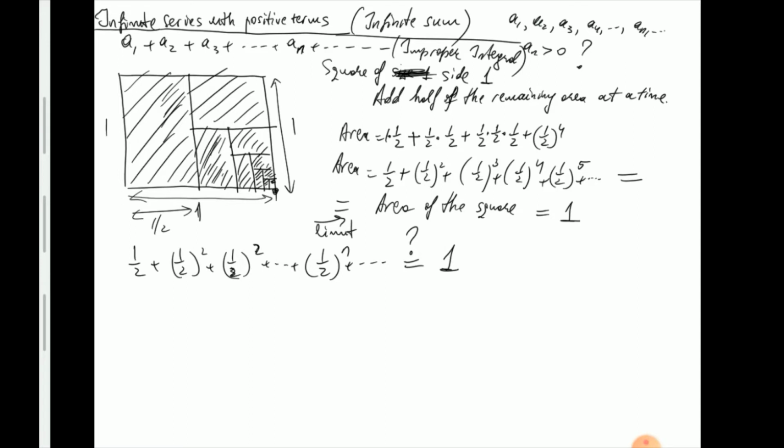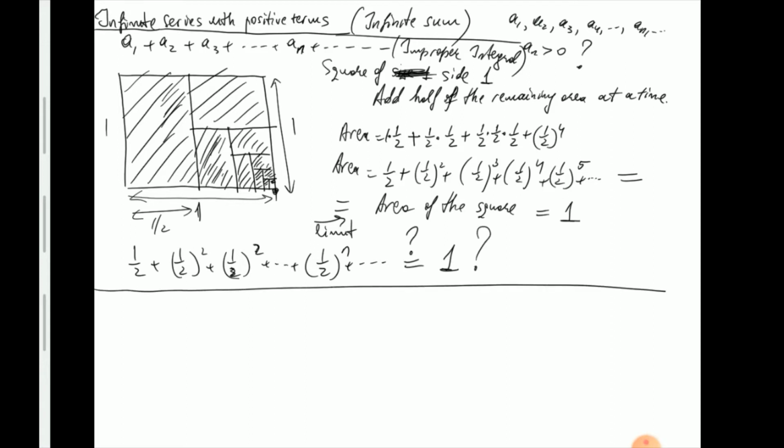We know how to add finitely many numbers, but for infinitely many numbers, we need a formal math definition. But intuitively, such a definition should exist, because this process obviously suggests the limit is equal to 1 for this infinite sum. So I hope I convinced you that infinitely many numbers added together, even if they're positive, can end up with a finite number, and that'll be the big question.